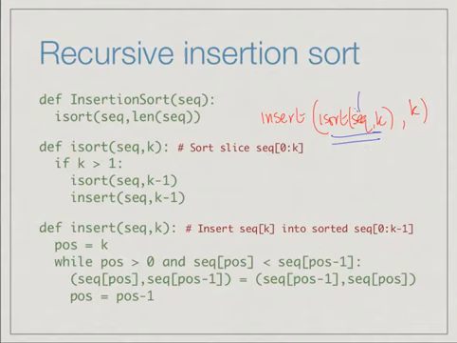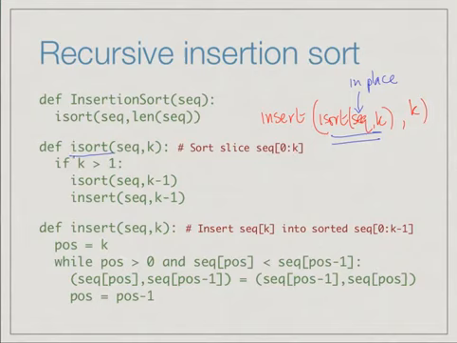It sorts this thing in place. Right? So this call would not have the correct type, because insert will take a sequence and a position and insert this value at this position to its left. Right? So we write it now as two separate things. First of all, we have an overall insertion sort which takes a sequence, and it will call this auxiliary function which says sort this sequence up to this position. Right? So isort sorts the slice from 0 up to k minus 1.